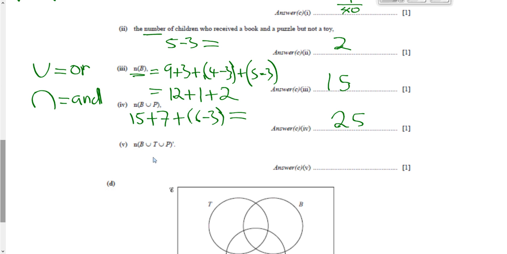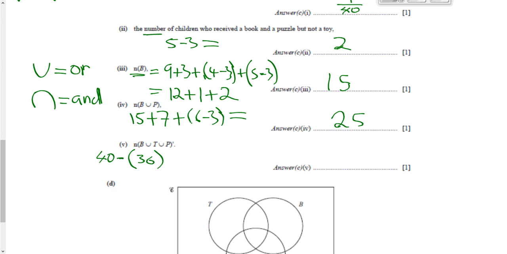We know that in total there were 40, and we take away all of the people who did get a book or a toy or a puzzle, which is 36.